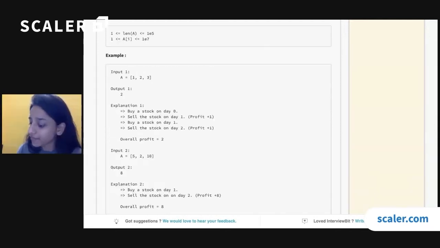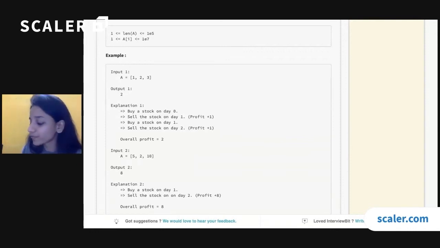So let's say we have 7, 1, 5, 3, 6, and 4. These are the prices of the stock on days 0, 1, 2, 3, 4, 5. Now let's talk about the brute force solution first.